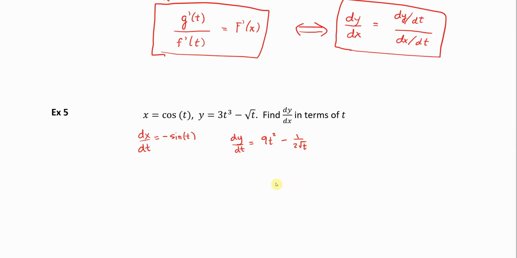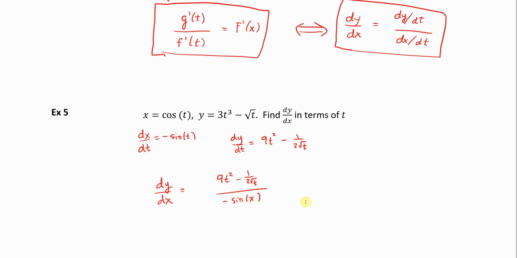Okay. And then if I want to find dy dx, then I can just take dy dt divided by dx dt. And my final answer looks like that.